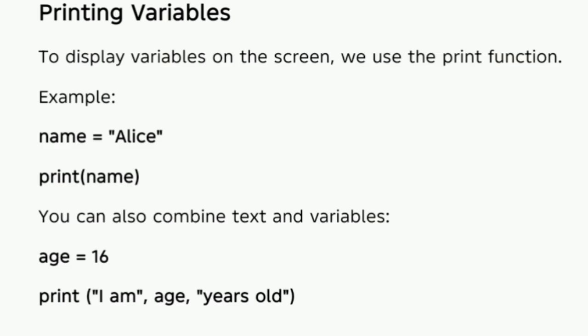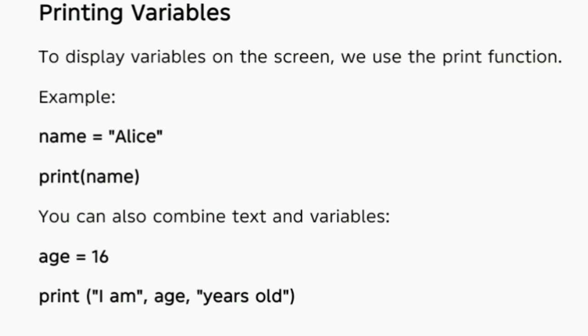Now let's see how we can display variable contents on the computer screen, known as printing variables. Printing variables consists of displaying variable contents on the screen. We use the print function. Example, let's create a variable called name and assign it Alice as value. So the statement print(name) will show the name Alice on the computer screen.